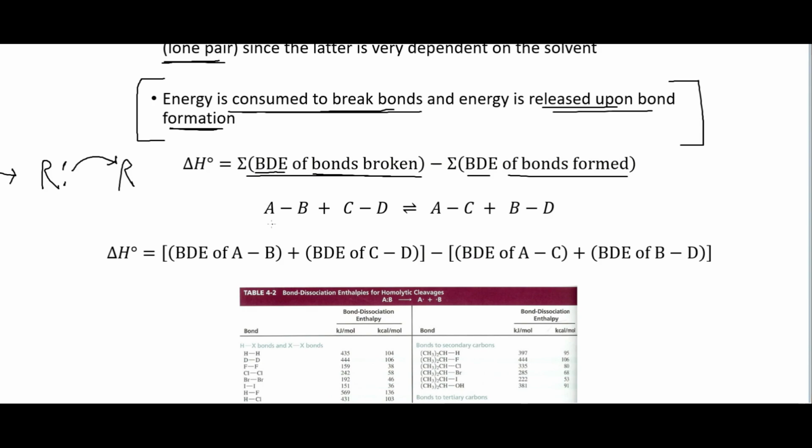If we have AB bound together and CD bound together, and we're switching around so that we have AC bound together and BD bound together, we're looking at the bond dissociation energy of AB plus CD, the reactants, minus the bond dissociation energy of our products.